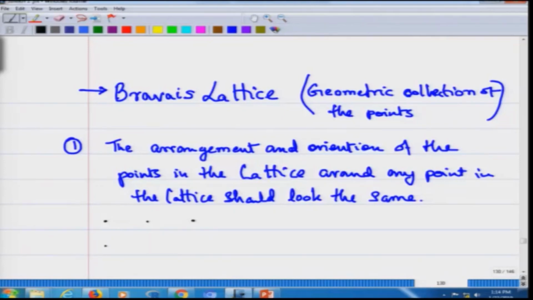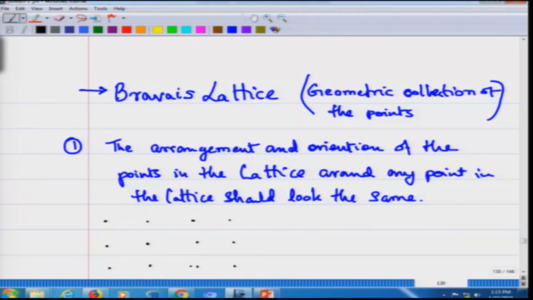For example, let us take this lattice. Now, if I go to this point and I look at the arrangement of the lattice points around it, it looks exactly identical compared to this point or to this point.